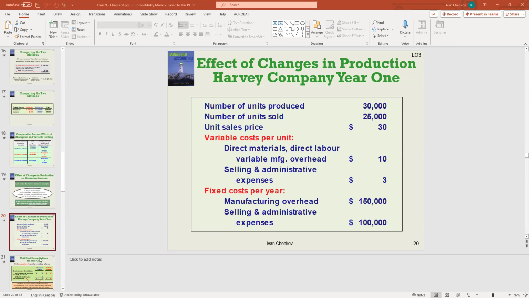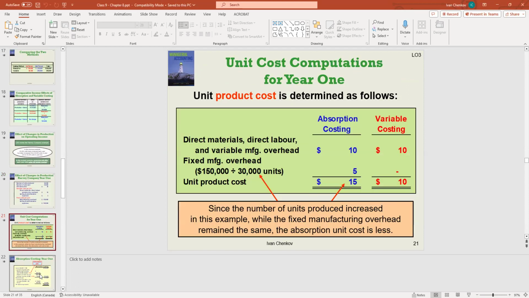Okay, so now once we have the fixed overhead per unit, we can calculate the cost under the absorption. The cost under the variable costing is easy. We're just getting the direct material, direct labor, variable overhead, $10, and that's our variable costing.